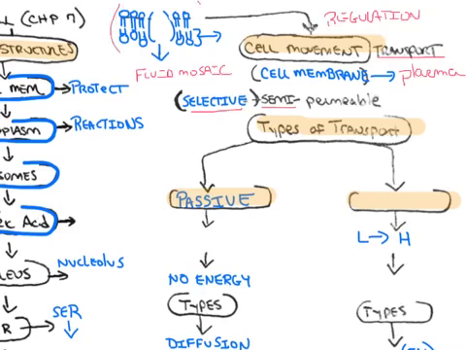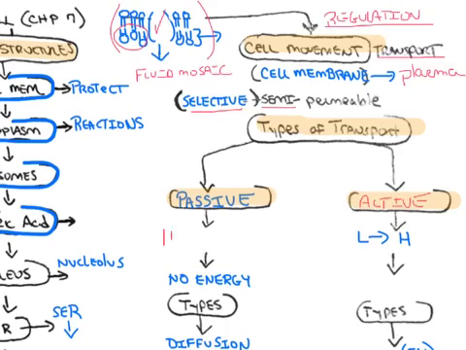Up here you look at your structure of phospholipids and the transport protein. Again, these guys act as barriers and preventative measures to help regulate what enters and what leaves based on the size and the charge of the particle. There are two major types of transport, passive and active transport.